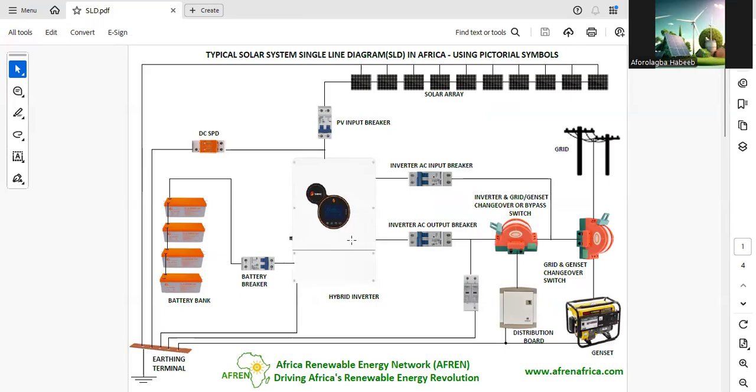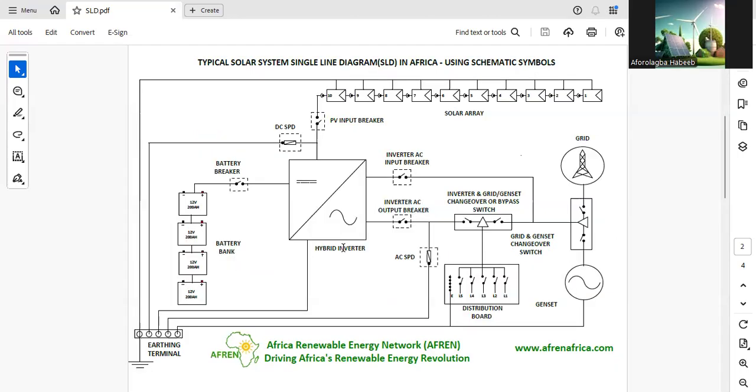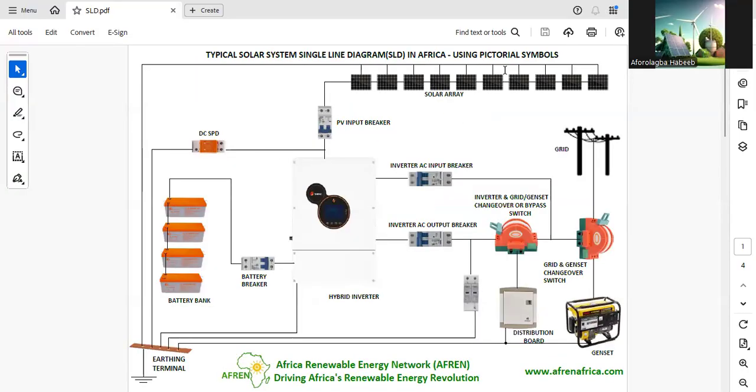Like now, I've specified the inverter that I'm using here and the battery here, but here it's not specified. Someone will know that this is not an inverter. Professionals don't usually use pictorial symbols, but for the average person, we can give them this so that it's easy for them to understand. So these are single line diagrams.